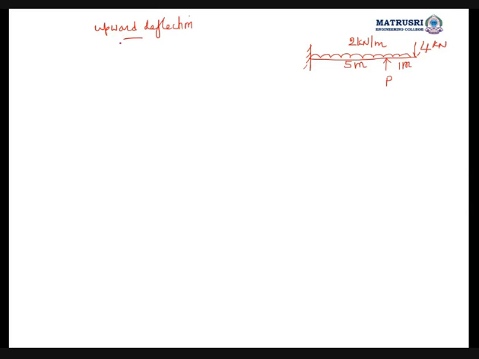Upward deflection, what will happen? Due to P, okay, here only. A, B, C. So what will happen? PA cube by 3EI. So P we don't know. A is 5, cube. This is 5 cube by 3EI. So what we get here? 41.667 P by EI.